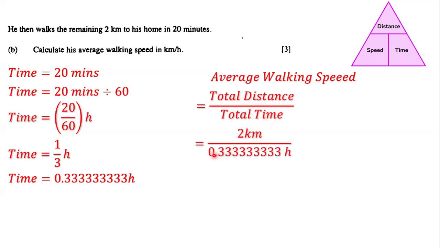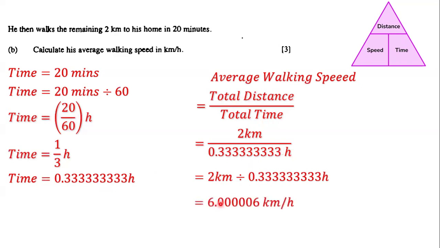The time is equal to this particular decimal. And so we have to divide these two, and when we divide these two, we get 6.0000006 kilometers per hour.